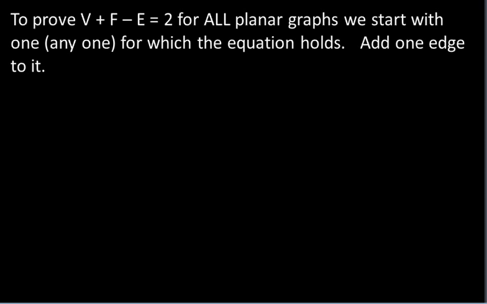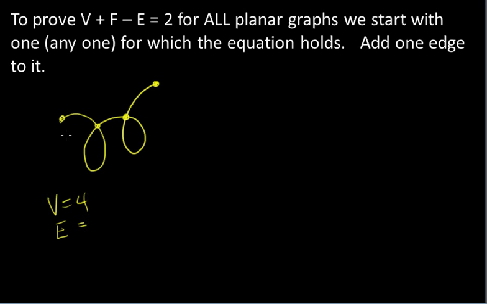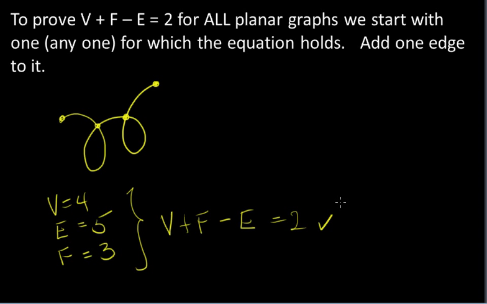The first thing I want to prove without any doubt is that if we're given any planar graph that does satisfy Euler's characteristic, this is similar to the one I drew at the beginning, we see here that v is equal to 4 and e was equal to 1, 2, 3, 4, 5, and the faces in this case were 3, and so we see that v plus f is 7, minus e, which is 5, indeed is 2.